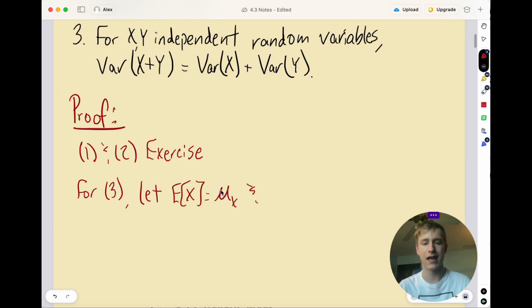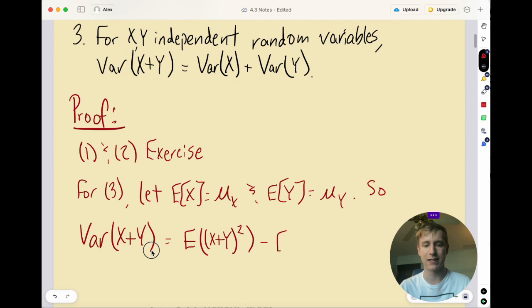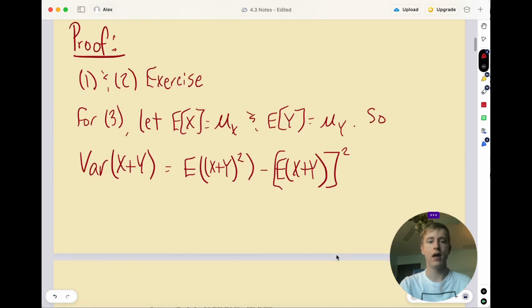of x, and the expectation of y is just going to be the mean of y. Okay, so by definition, the variance of the sum is going to be the expected value of (x plus y) squared minus the expected value of x plus y, and then this quantity is squared. Okay, but remember how it worked for expectation values.